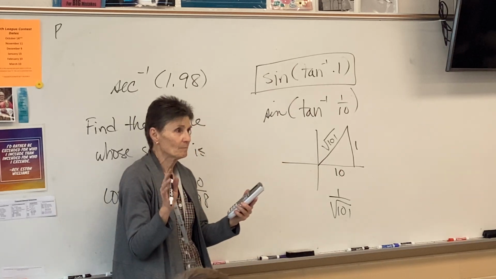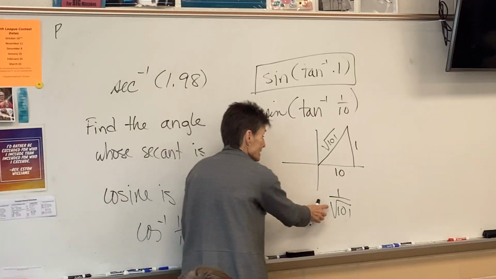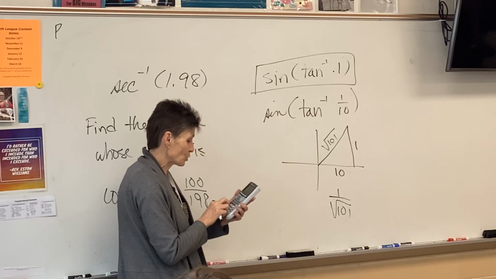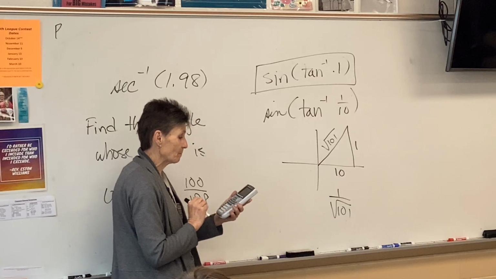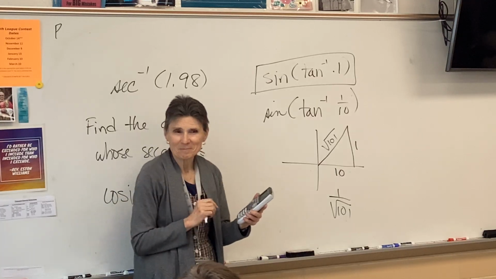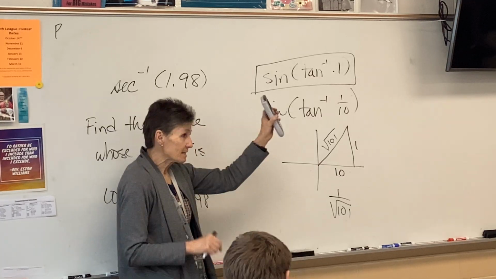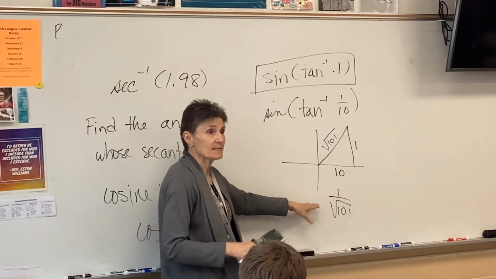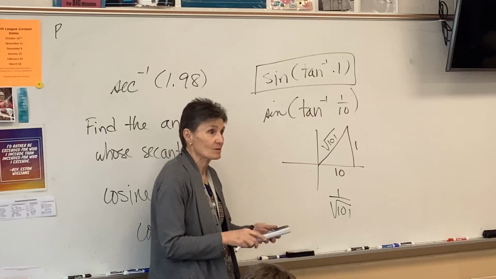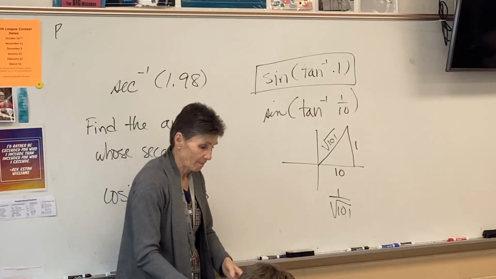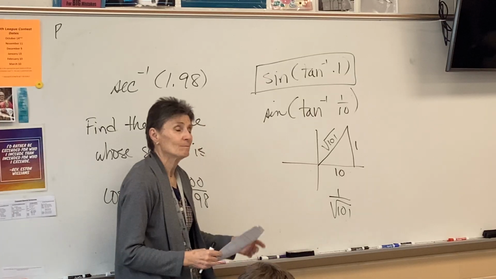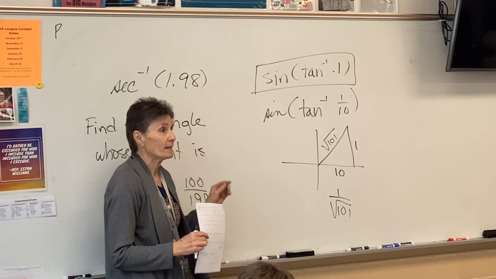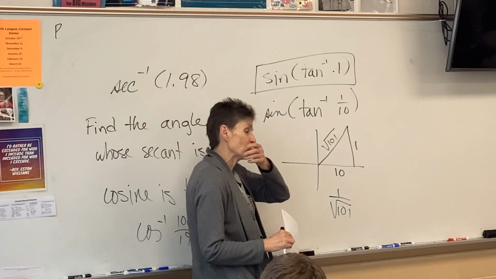All right, now type this in. 1 divided by the square root of 101. Same thing. So this is the rounded off answer, and this is the exact answer. Doesn't matter, because you are not inputting or outputting an angle.